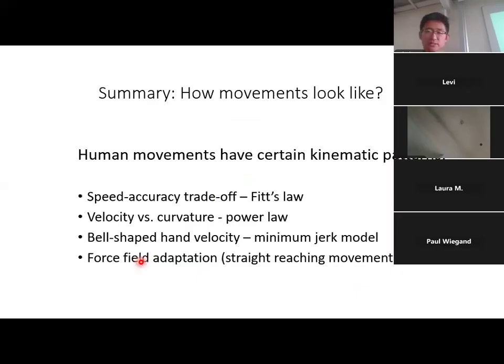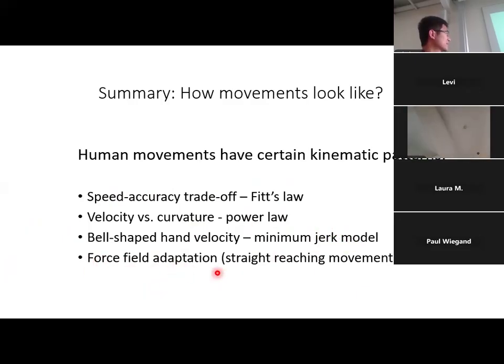So here, let's sum up quickly what we have learned. We know Fitts' law, the speed-accuracy trade-off, and when we do curvature drawing, we have the power law. The bell-shaped velocity is always present in point-to-point straight movement, and we can use the minimum jerk model to predict this trajectory.